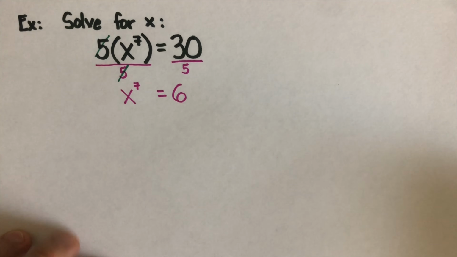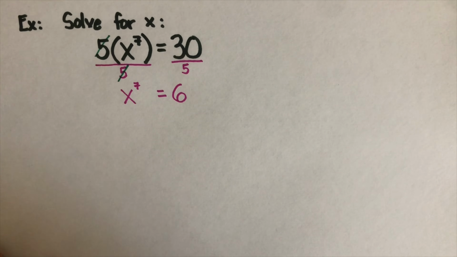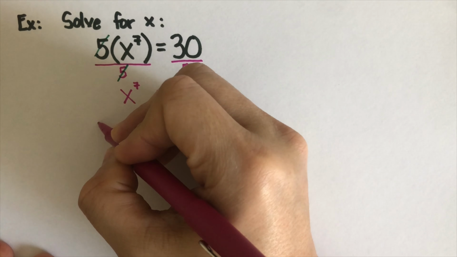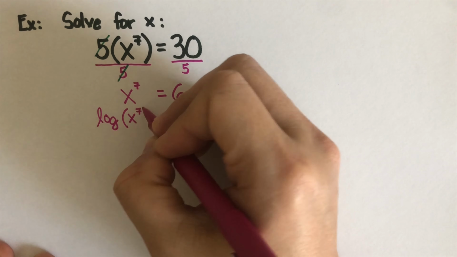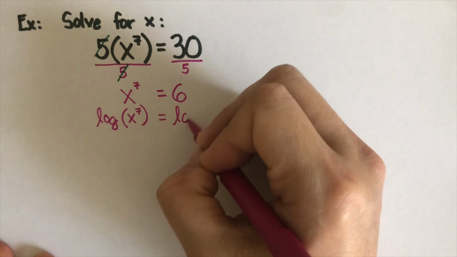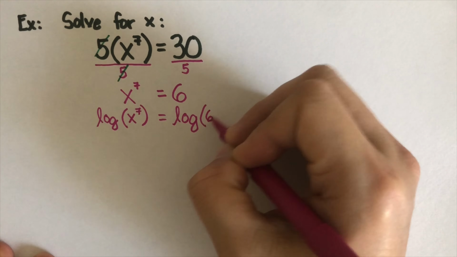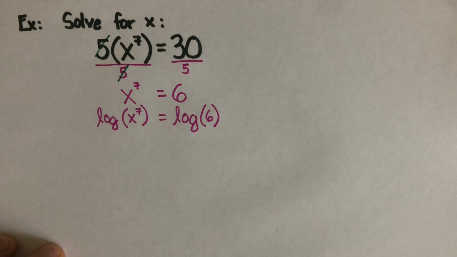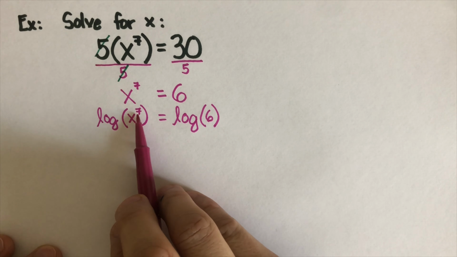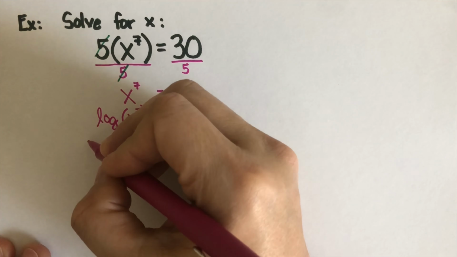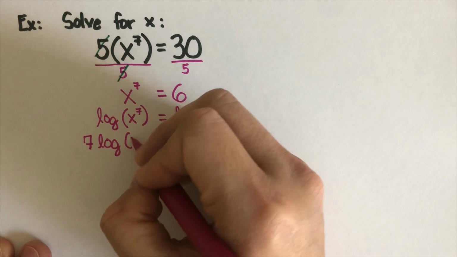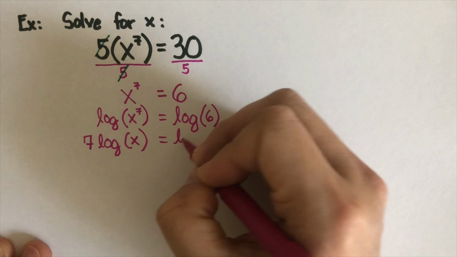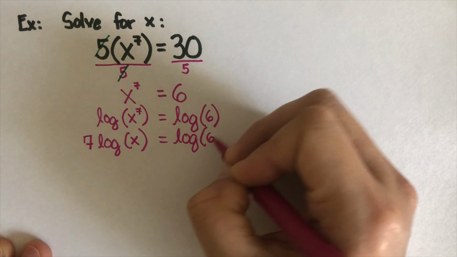Now, what I would do is log both sides. So I'm going to say log of x to the 7th equals log of 6. Now, the power property of logarithm: whatever is the exponent, you put it in front. So this can be rewritten as 7 log of x equals log of 6.